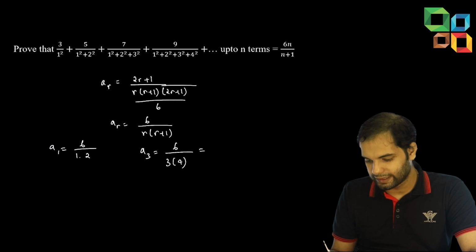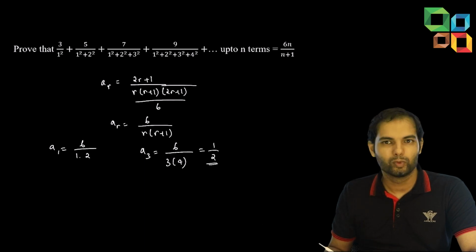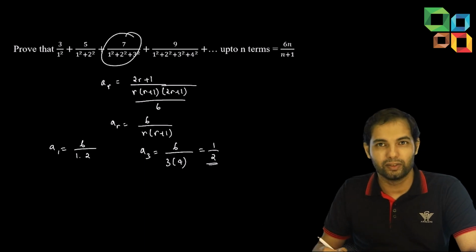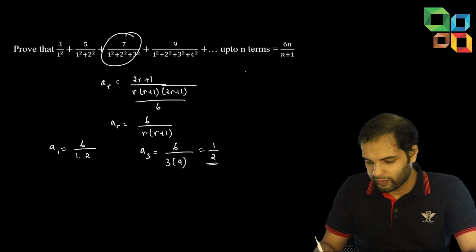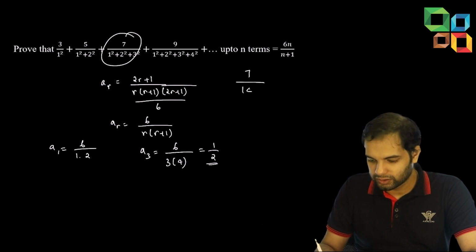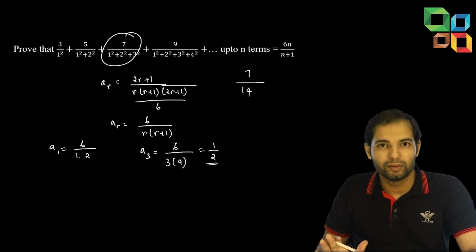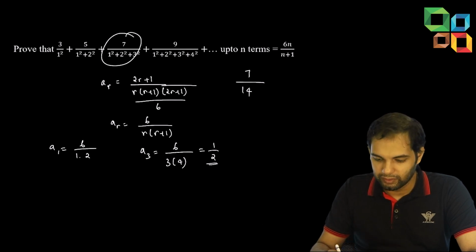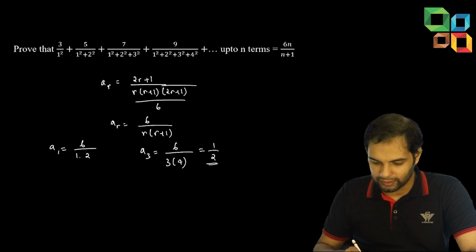So one of the two will get cancelled. So 1 by 2. Is it fine? Let us just check the third term, just to see we are right. Okay. So 7 divided by 3 square 9. 9 plus 4, 13. 13 plus 1, 14. So yeah, 7 by 14 is half. We are correct, right? Okay. Just doing a cross check whether what we have arrived at is correct.